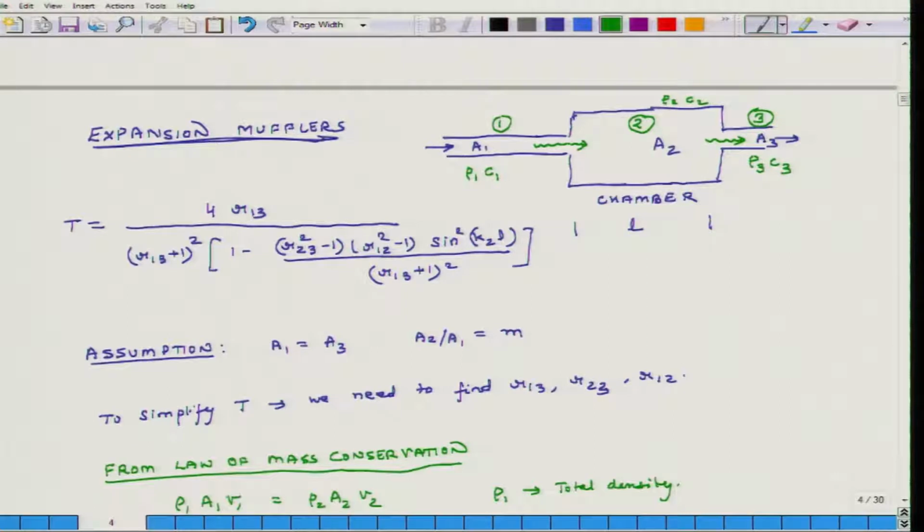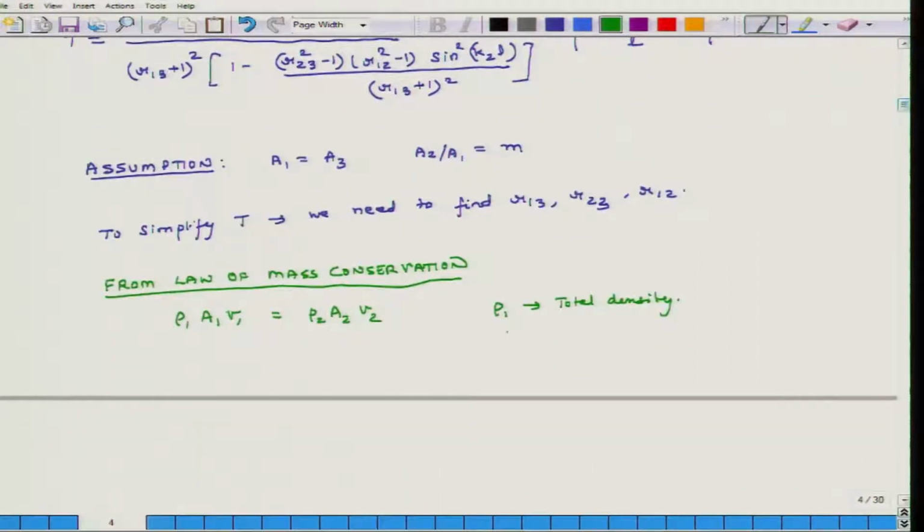Now, at the interface of 1 and 2, velocity in section 1, because of continuity, has to be the same as velocity 2. So, we know that V1 equals V2.